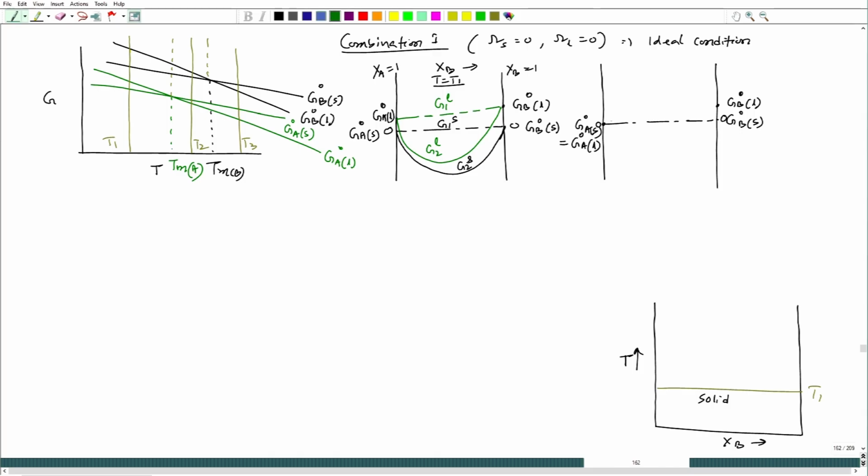Now, I can have the liquid line, this is G1 liquid and this one would be G1 solid. The solid free energy I can draw, and the liquid free energy will merge here, this is where it will start.